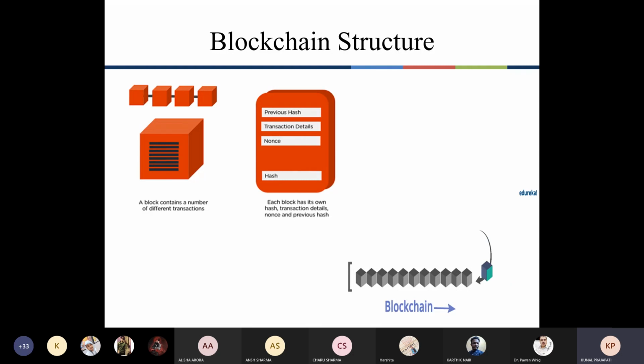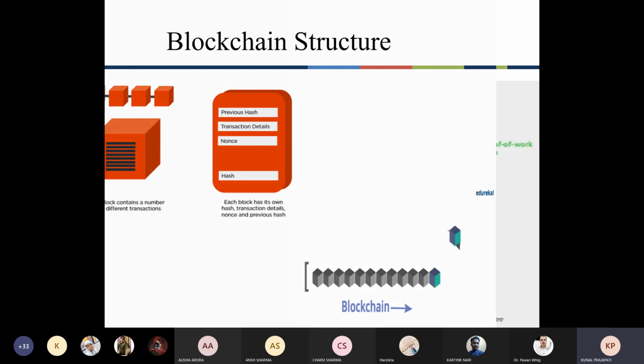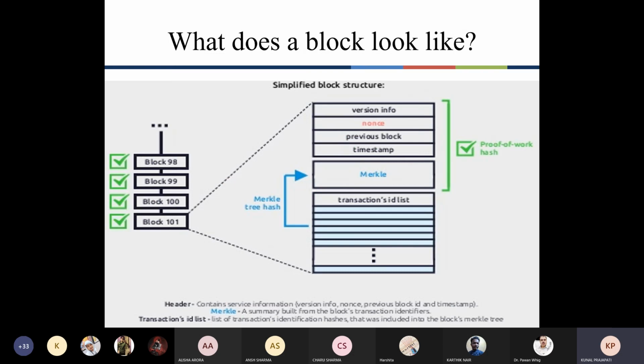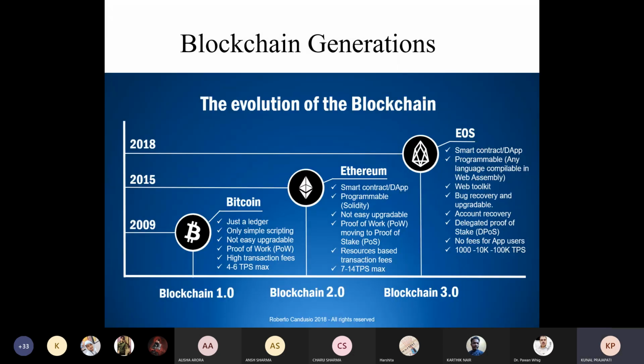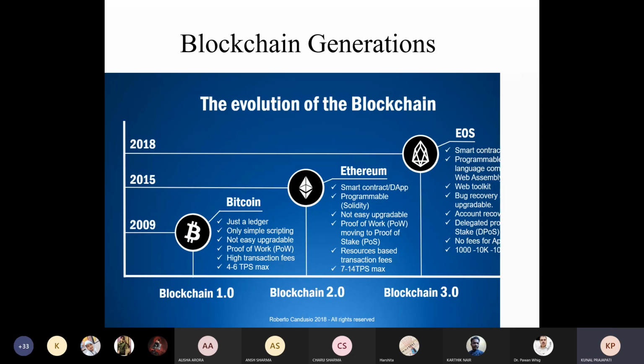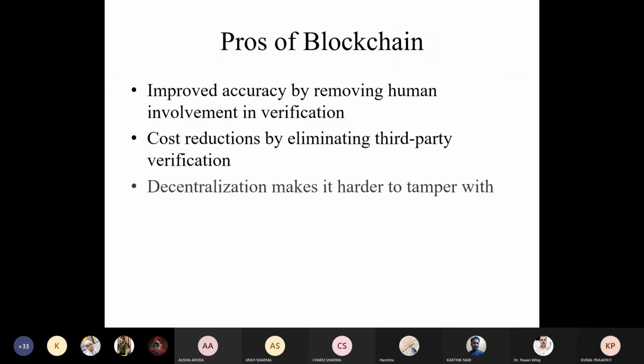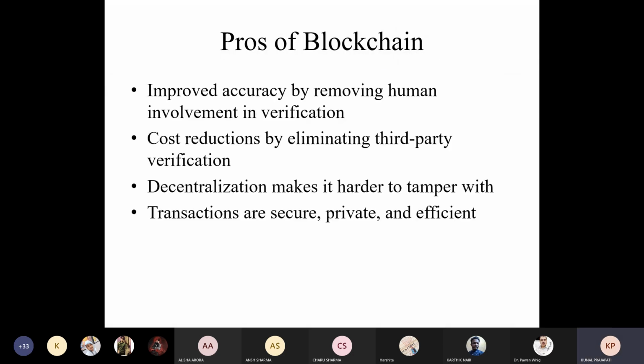Without the previous hash, the next block cannot be made, and it cannot be hacked, or anyone cannot see that data. This is the detailed look of a blockchain. The pros of blockchain: the transaction is secured, as I told, it is a decentralized network, and it improves human verification. That's all.